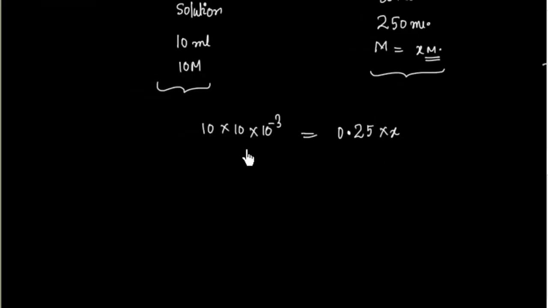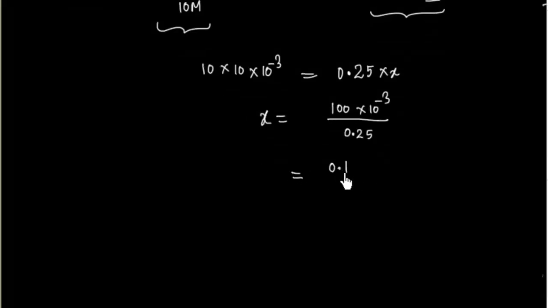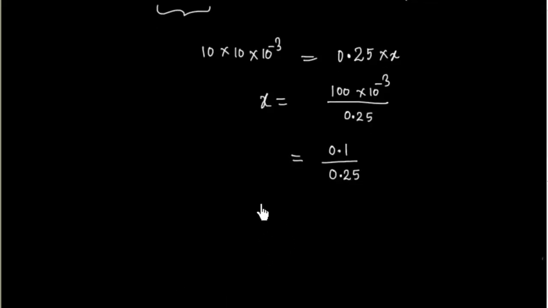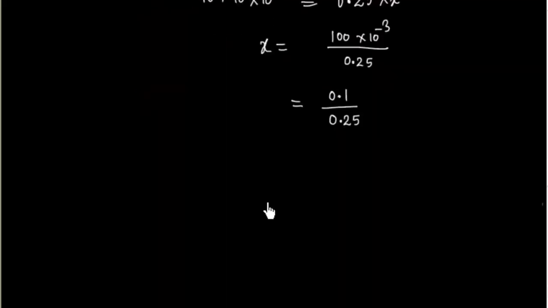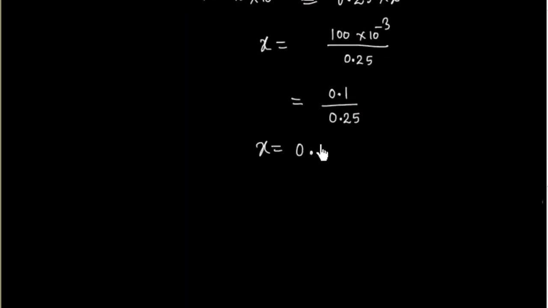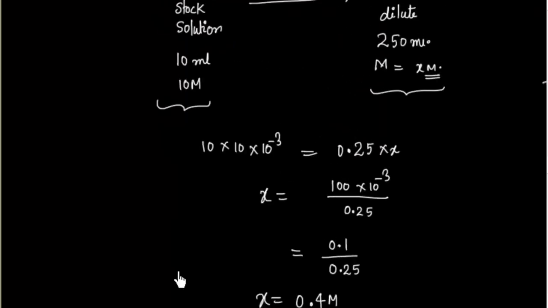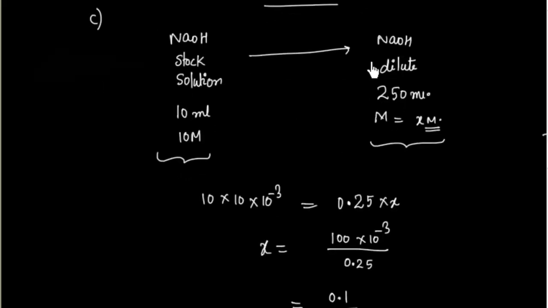So x is equal to 0.1 divided by 0.25, and this is equal to 0.4. So molarity is 0.4 M. So this is the final molarity of NaOH.